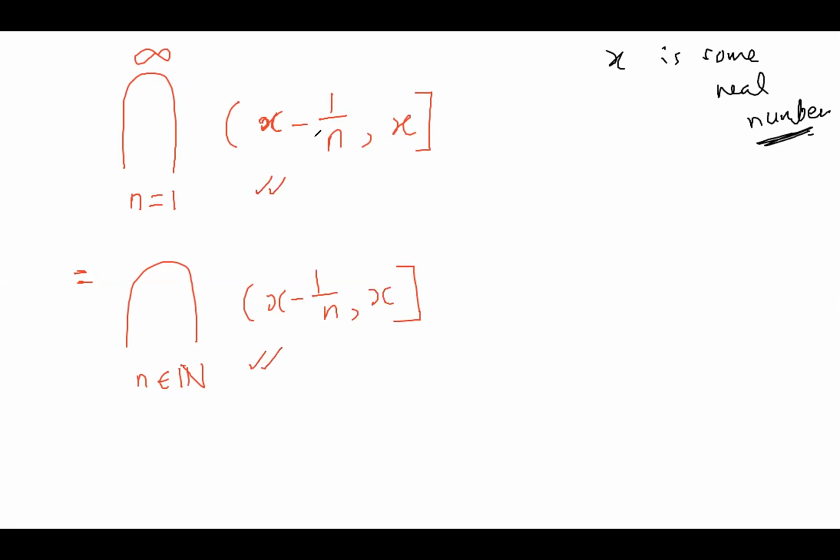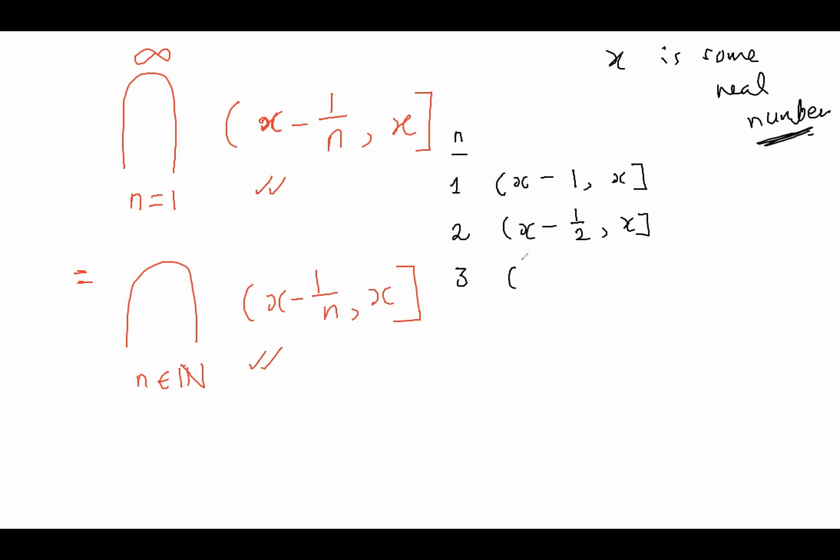So let's look at this. In the beginning, when n is 1, it will be x minus 1, x. When n is equal to 2, this will be x minus 1/2, x.